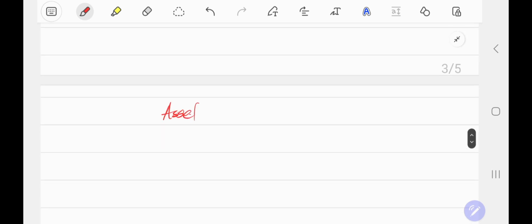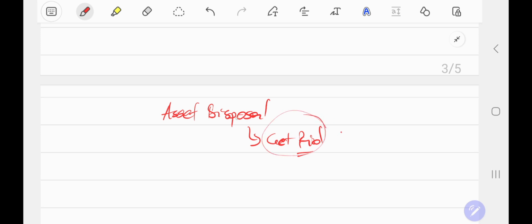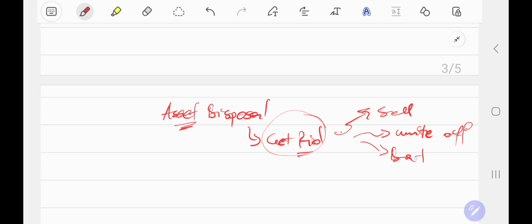Remember asset disposal: to dispose means to get rid of something, to remove something. So here you are getting rid of an asset. There are different ways to dispose of an asset. You can sell it, or sometimes you need to write the asset off. Sometimes some companies donate assets. All those things are asset disposal.